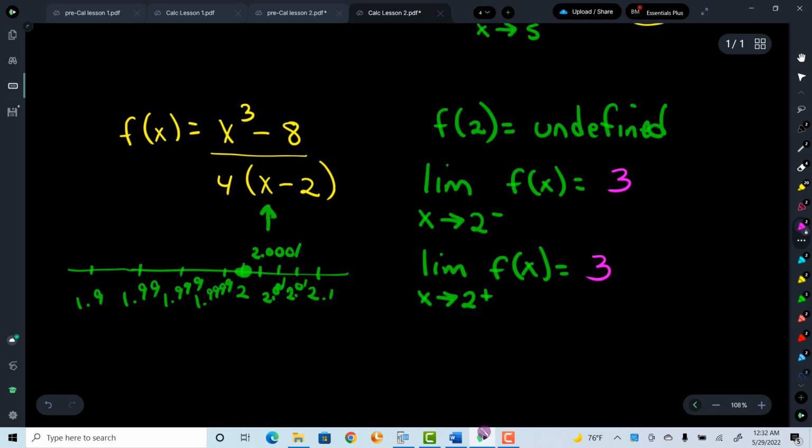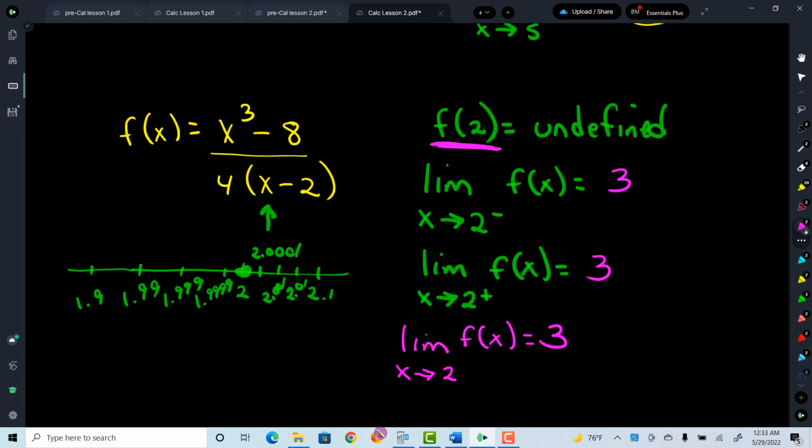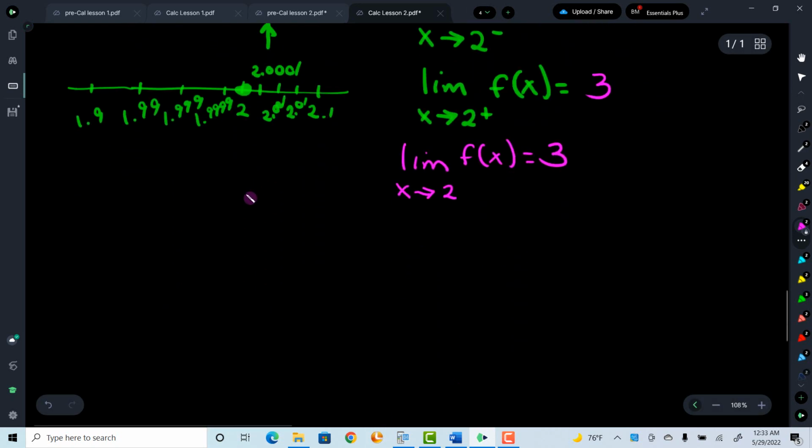So although the function is undefined at x equals 2, the limit is defined. So what is the limit as x approaches 2? Well, that limit is going to be 3. So we look at that table of values and we can see what's going on.